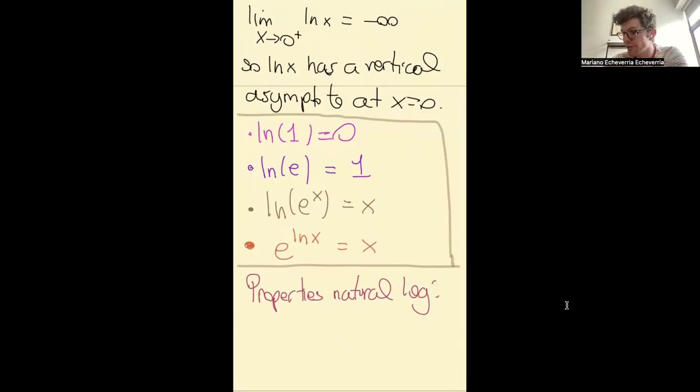The first is that the natural log of a product is the sum of the natural logs.